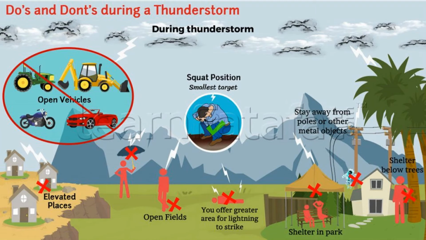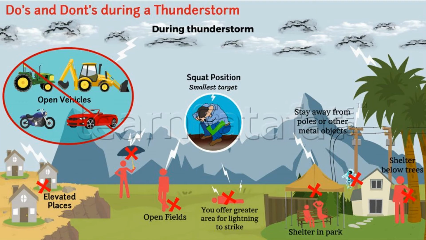Carrying an umbrella also invites lightning. It is better to take shelter under a small tree. It is better to squat low on the ground. That is, place your hands on your knees with your head between the hands.